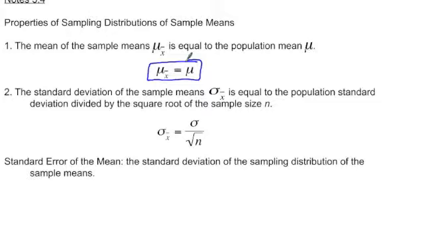Then the standard deviation of the sample means, which we write as sigma sub x bar, is equal to the population standard deviation divided by the square root of the sample size. Here's where we see that as we increase the sample size, the standard deviation of the sampling distribution will decrease. So the distribution is more tightly surrounded around that mean.